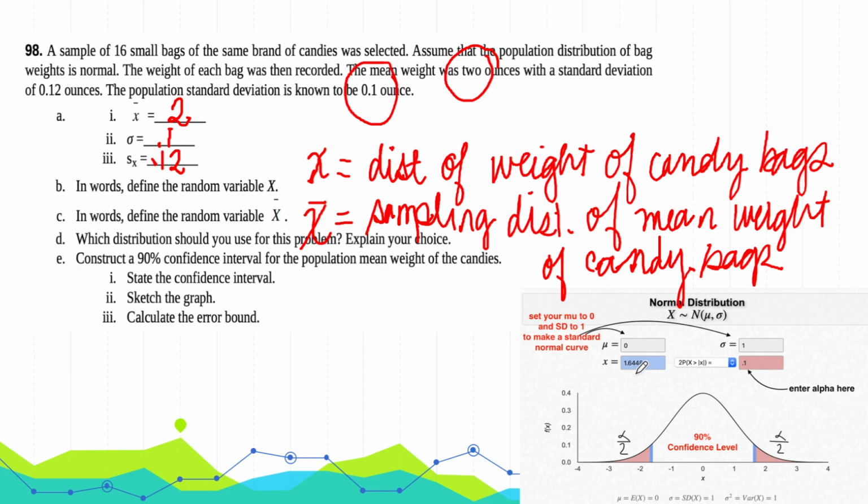What that means is that 5% of the area under the curve will be distributed here, alpha divided by 2, to the left of our confidence interval, and then alpha divided by 2, 5% more of the area will be under the curve to the right of our confidence interval.